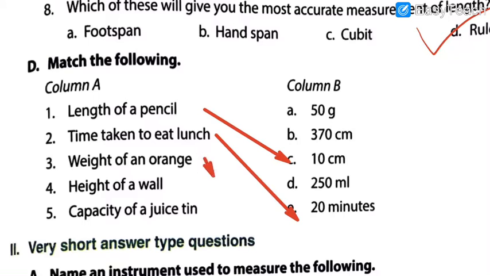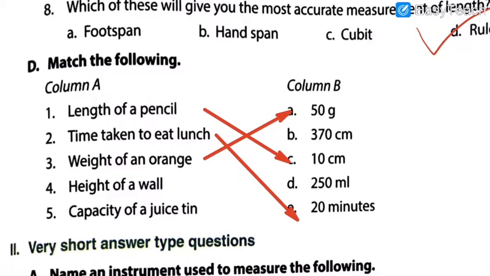One orange cannot be measured in kilogram. It might be in the gram somewhere. Here you can see only one measurement is given with gram. So this is going to be paired with obviously this one, 50 gram. Because we can neither measure it in the centimeter or milliliter, because it is weight. The question is about weight.